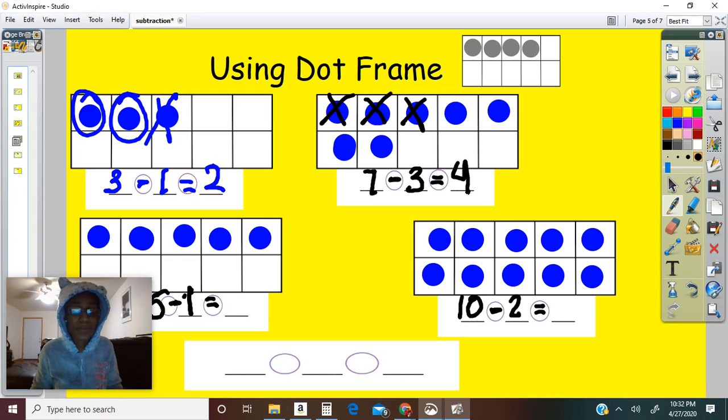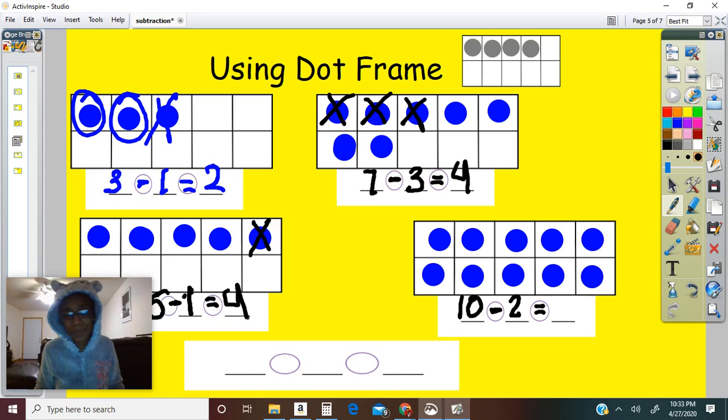Let's try the next one. We have 5 and we should take away 1. How many did you get left over? Perfect. 1, 2, 3, 4. 5 minus 1 equals 4.